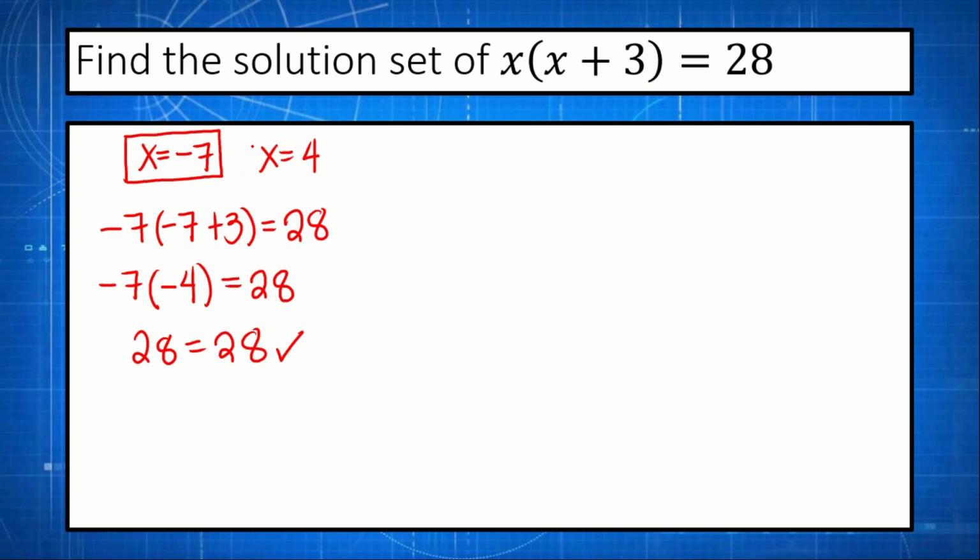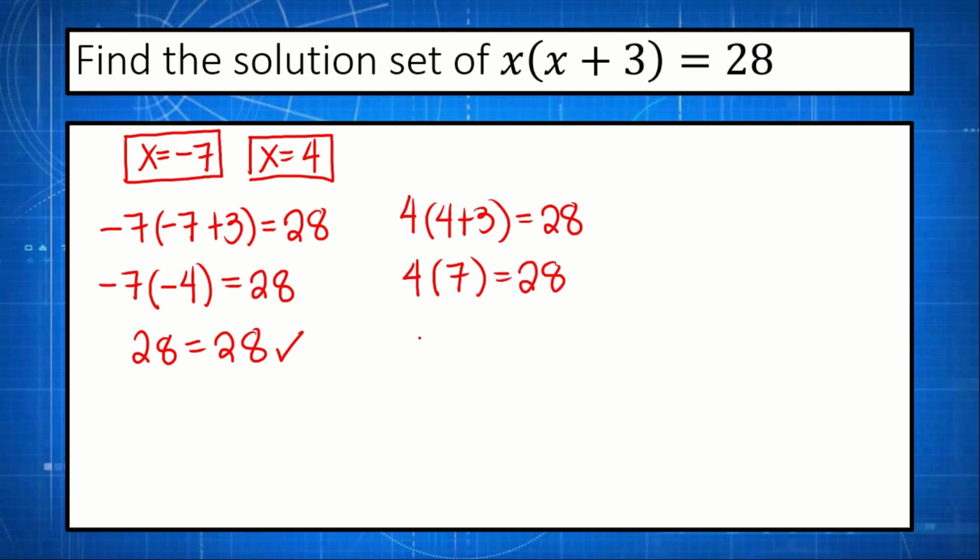Next is we have to prove also that 4 is a solution. So we substitute again this to our original equation. 4 multiplied to 4 plus 3 is equal to 28. So we have 4 multiplied to 7 is equal to 28. Then 4 times 7, 28 is equal to 28.